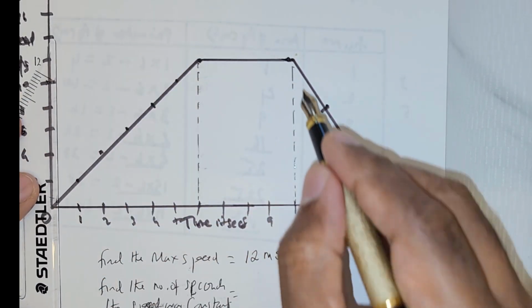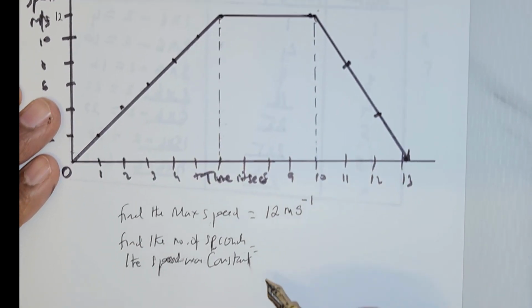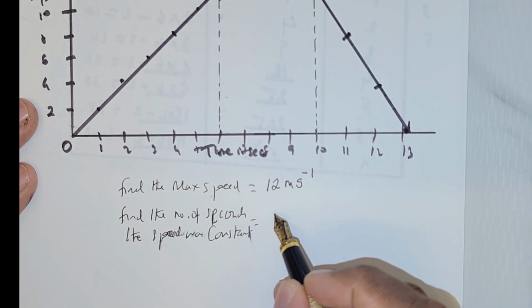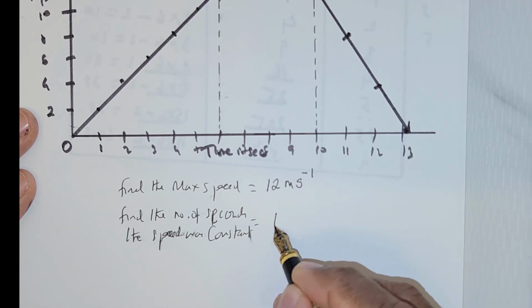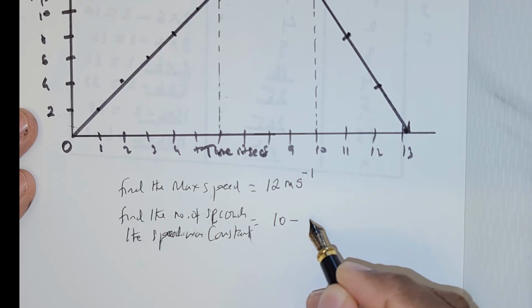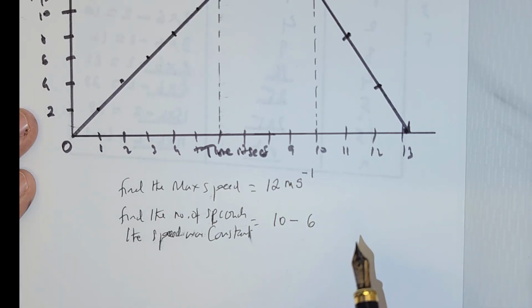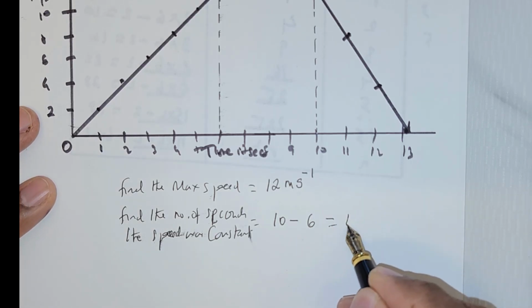That is an amazing feat. So the speed is constant at t is equal to 10 seconds minus 6, which is equal to 4 seconds.